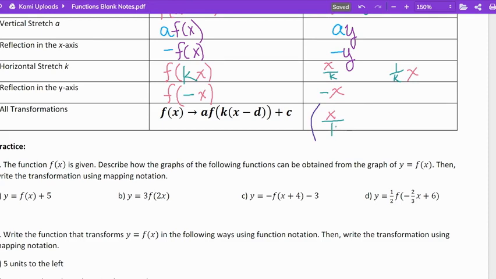I've got x over K plus D. And y times A, or I guess we write Ay, plus C.